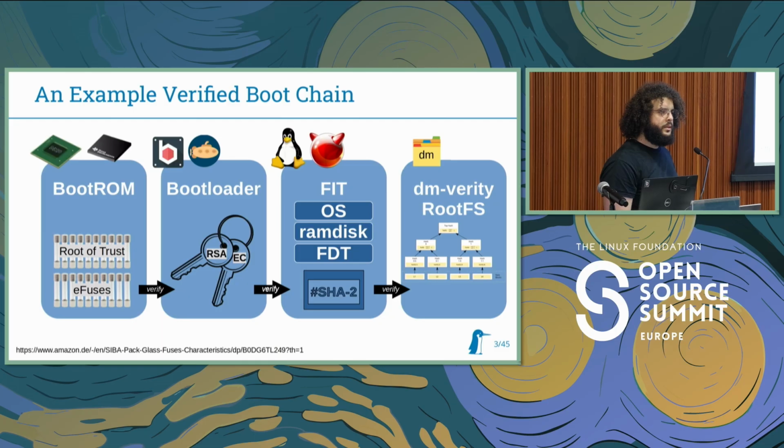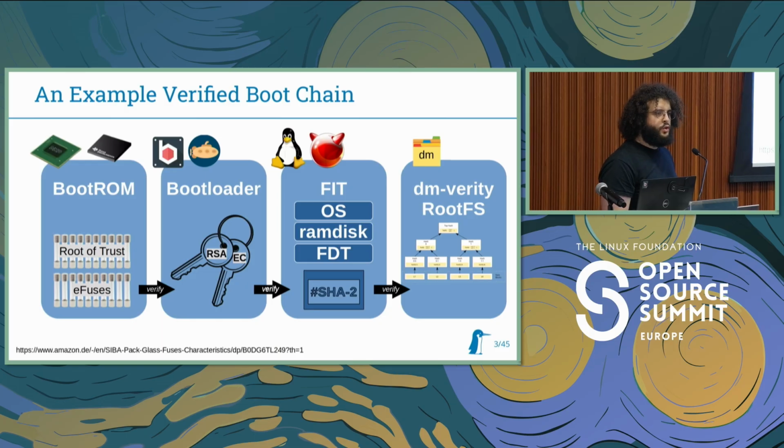In that setup, every component verifies the next component, starting with some hardware root of trust. This is usually electrically burnable fuses inside the chip. These are burned with a public key in the factory, and from there on, these are used on every boot to verify the bootloader.